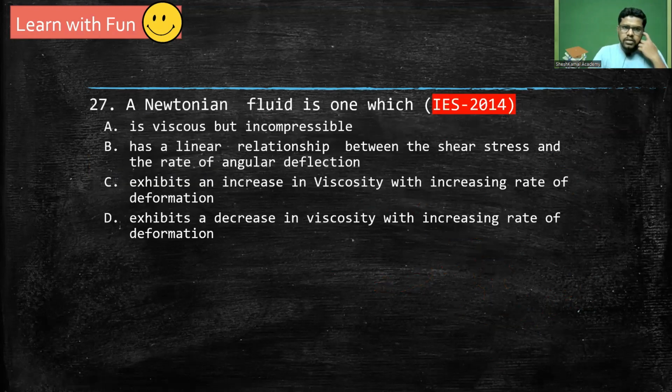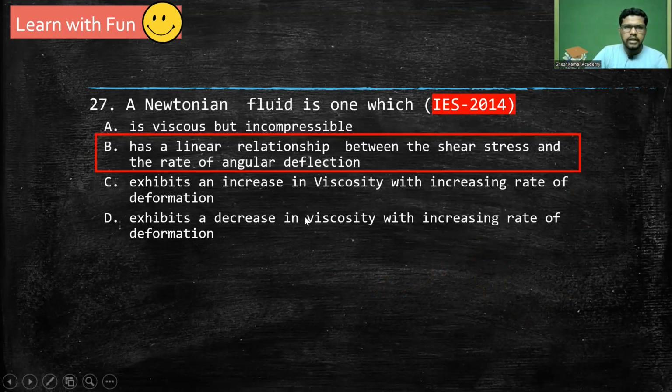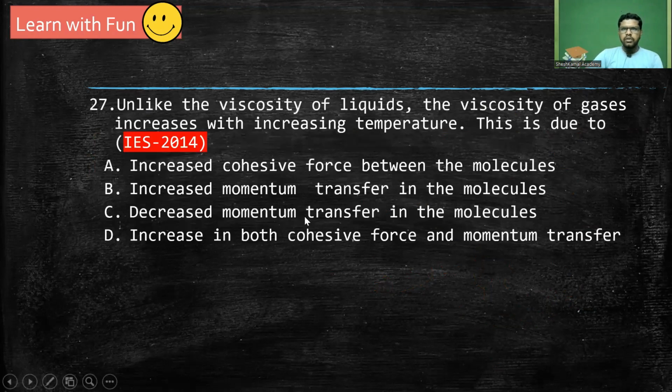Now next, a Newtonian fluid is one which has a linear relationship between shear stress and rate of angular deformation. So option B is the correct answer. Next, unlike the viscosity of liquid, the viscosity of gases increases with increasing temperature. This is because the phenomenon of viscosity is due to cohesive forces and molecular momentum transfer.